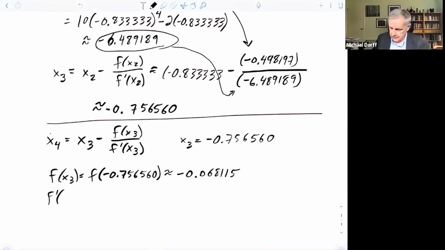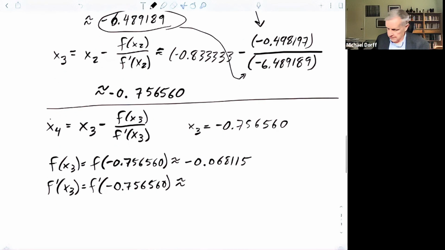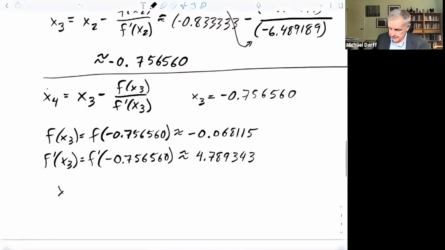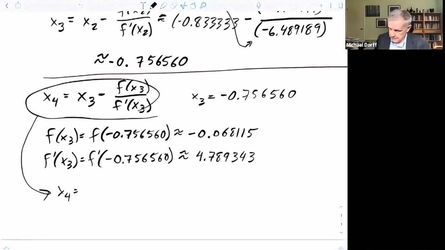Also, I do the same thing with the derivative. So that's going to be the derivative evaluated at negative 0.756560. Putting it into a calculator and rounding it to 6 places past the decimal, I get 4.789343.